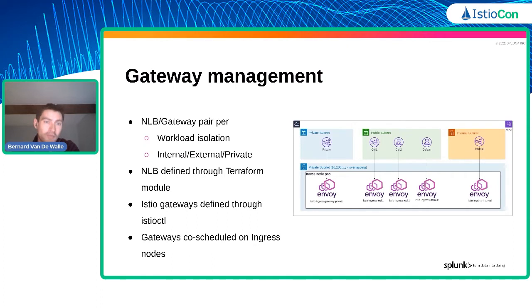Also, depending on where we want to ingest traffic from, whether it's internal, external, or public. The way we do this is we define our NLB in Terraform directly, and we plug in the gateways definition coming from istioctl that we get, and we copy-paste and adapt for each of those NLBs.